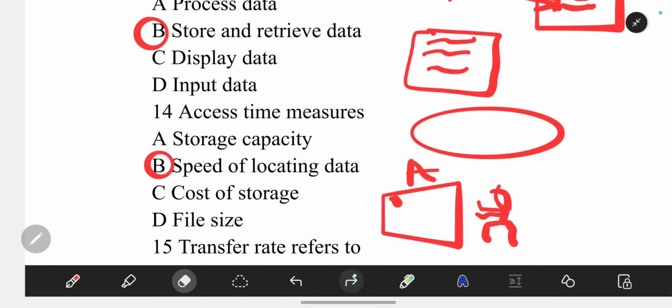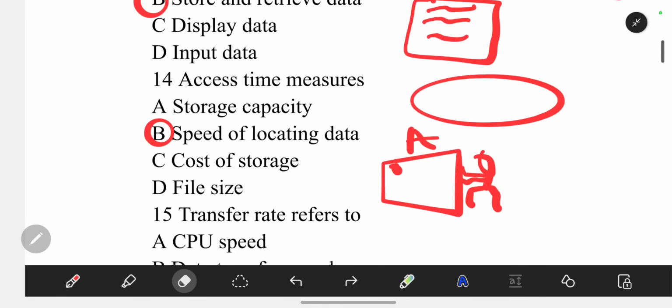If let's say for example it takes 2 seconds, that's the access time, the time it will take for you to access certain data. Now a lower access time means better performance, because you are taking less time. Like in our example, let's say this person takes 1 second. That means this computer performs better because it's accessing or locating data very fast.